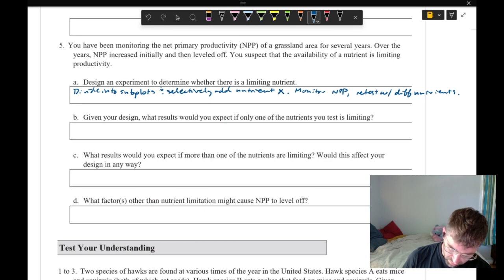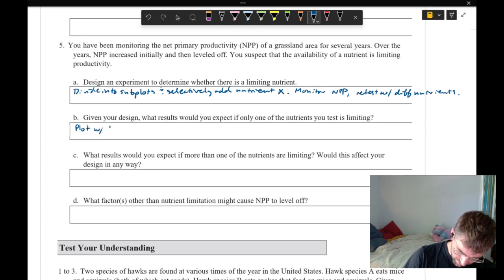So given your design, what results would you expect if only one of the nutrients you test is limiting? So if all of your test plots are each set up to test the addition of a single nutrient, you would expect to see an increase in growth only in the plot supplemented with the limiting nutrient. Because assuming all of the other nutrients are freely available in the environment, adding a surplus of them won't necessarily help.